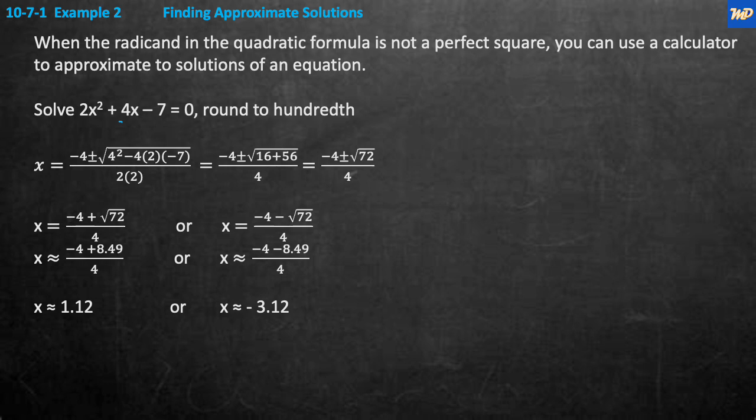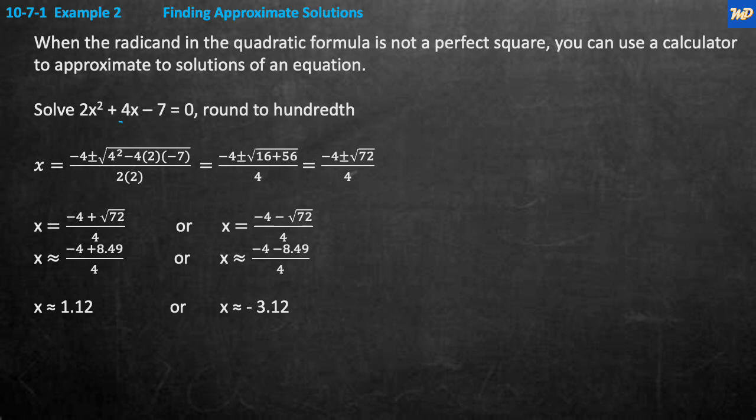So 4 squared minus 4 times 2, which is the a term, times minus 7, which is the c term, over 2 times the a term, which is 2. And when we simplify that a little bit, we get minus 4 plus or minus the square root of 16 plus 56.